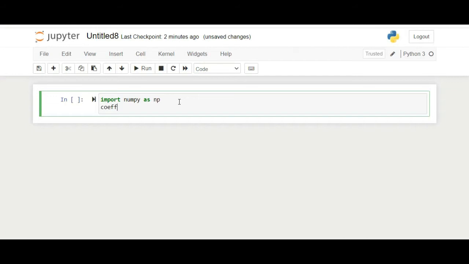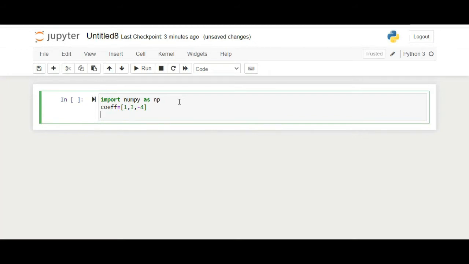The coefficient is equal to 1, 3, minus 4 inside the square brackets, and next we write np.roots of the coefficient.